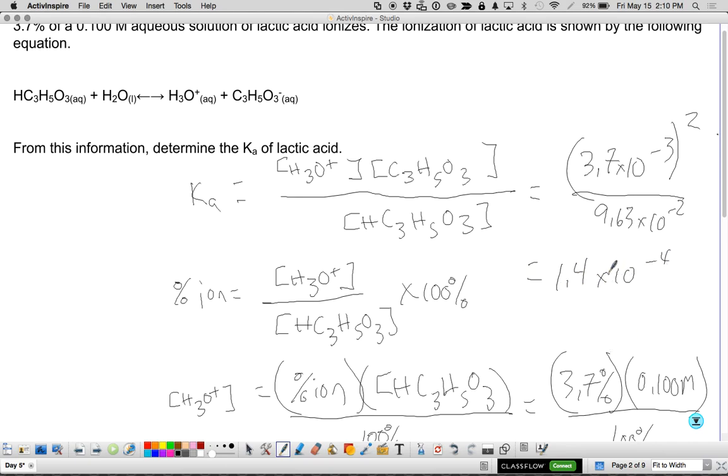Now, how come only 2 sig figs? Well, this is an equilibrium constant, okay? Equilibrium constants, we said, if I'm going to ask you to calculate them, I really only want you to give me 2 sig figs, okay? Sometimes they'll give them to you with more sig figs, but when you calculate them, I just want you to use 2 sig figs, all right? And there's also no unit.